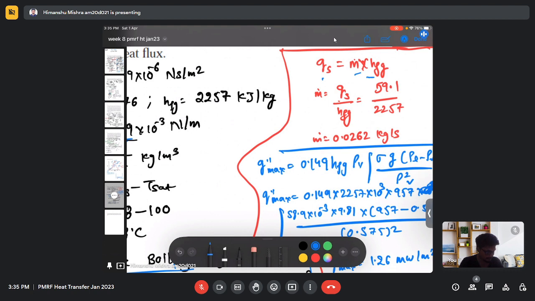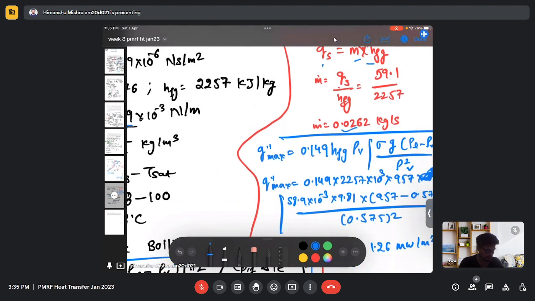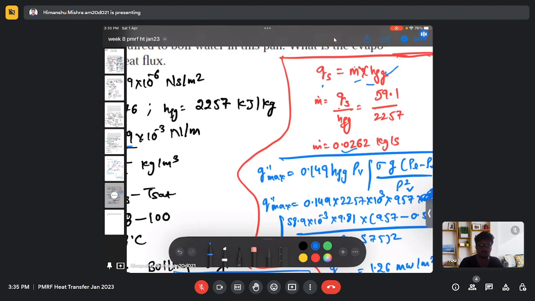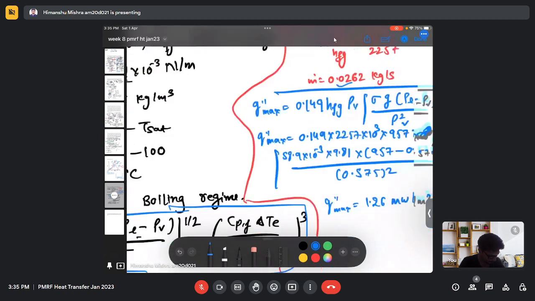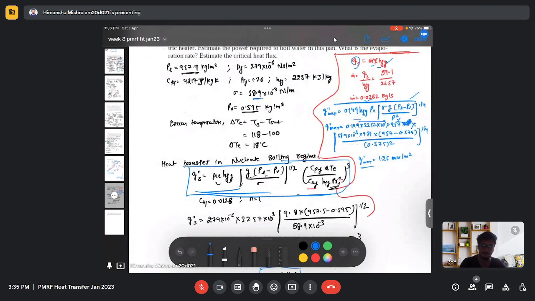So we found the rate of evaporation, 0.0262. We were already given the latent heat, and we already found the total heat transfer in the nucleate boiling region. Then to find the maximum heat flux, we again use the correlation. We just put in the values given to find the maximum heat transfer. So any doubt in this question?